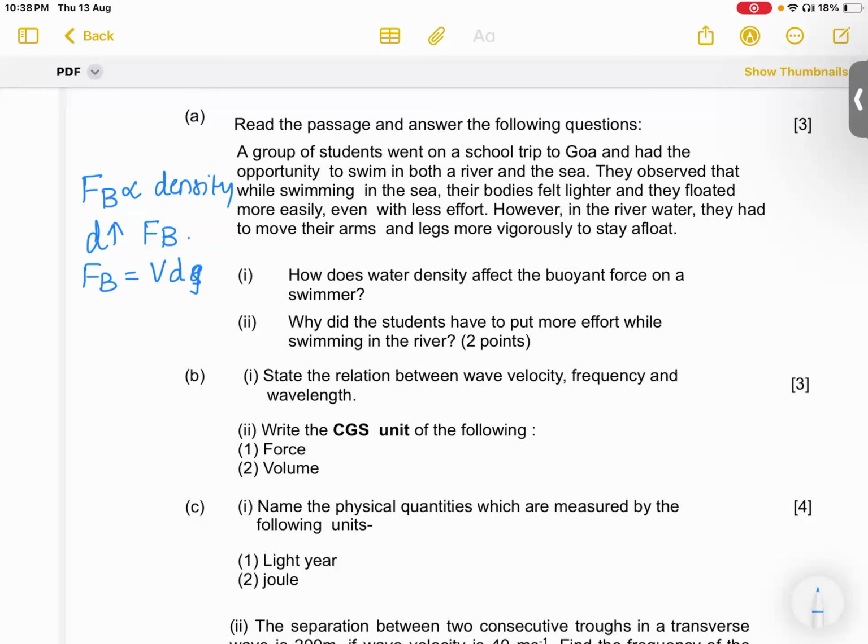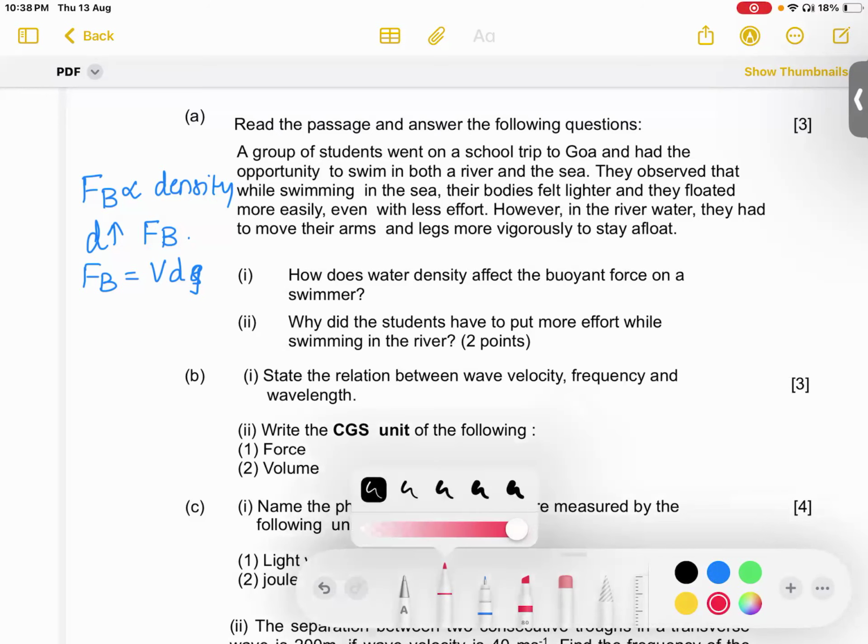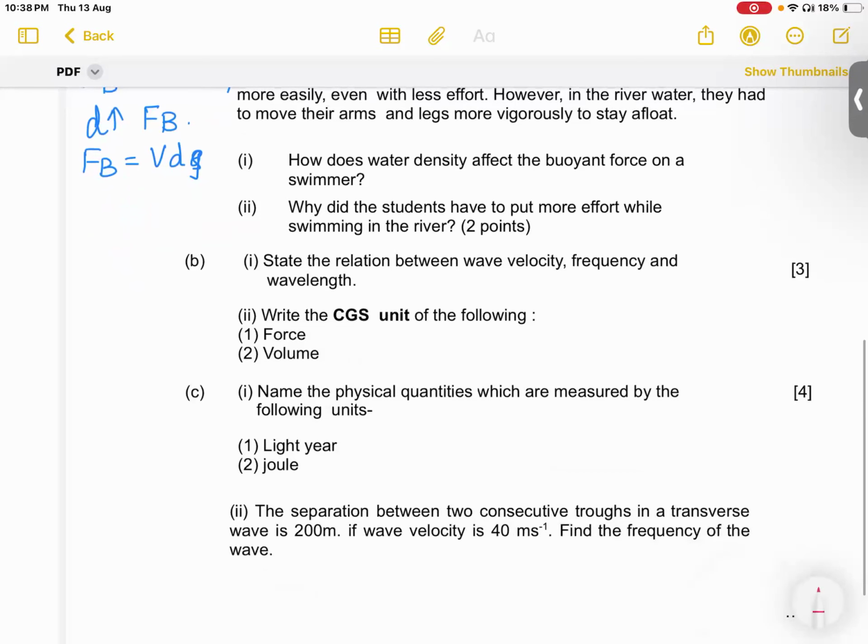Why did the student have to put more effort while swimming in the river water? We need to write it in 2 points. Why did the swimmer put more effort? First part, you can write here: in river water the density is less, so FB will be less.